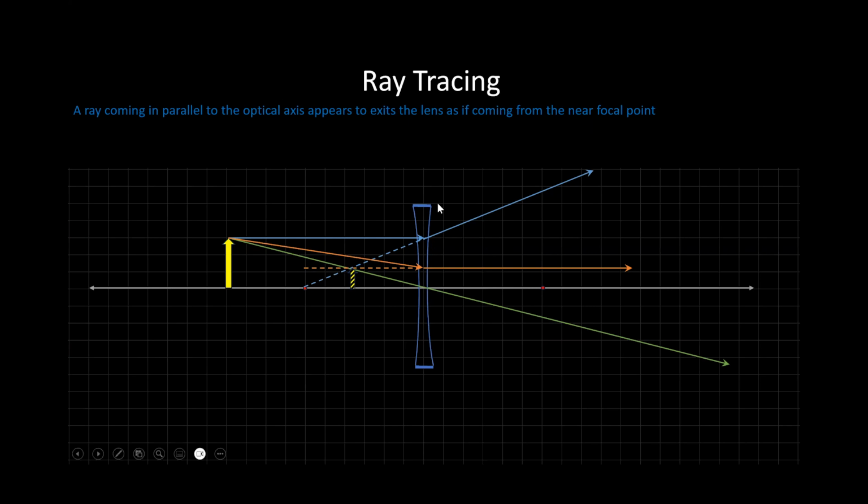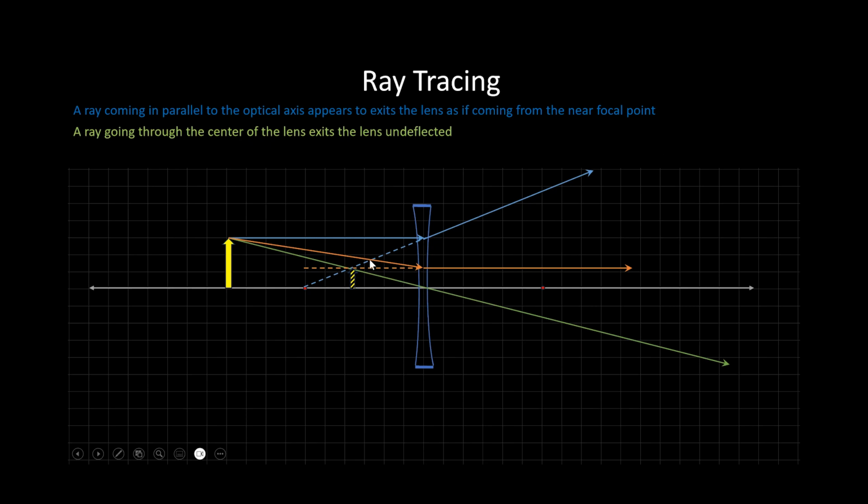So what's going to happen is the ray is going to go away from the optical axis, but it has to go away in a certain way. The way it does it is it appears as if it's coming from the near focal point. So if you put your eye over here, you'll think this ray is coming from this point right here. And then it goes out. Okay?